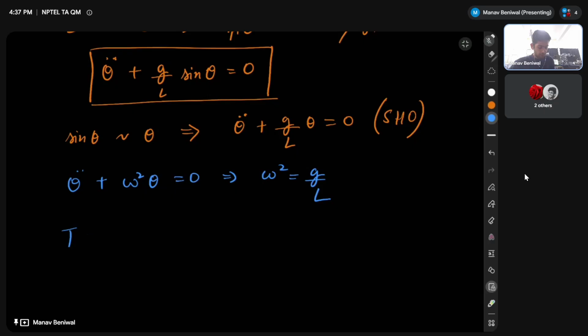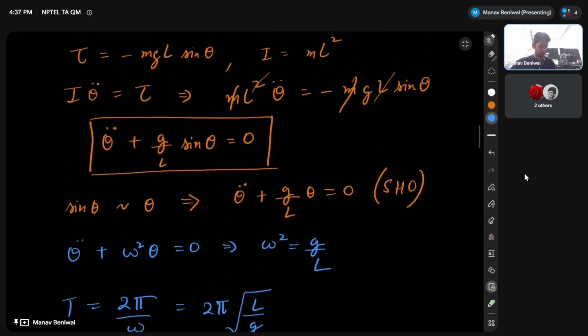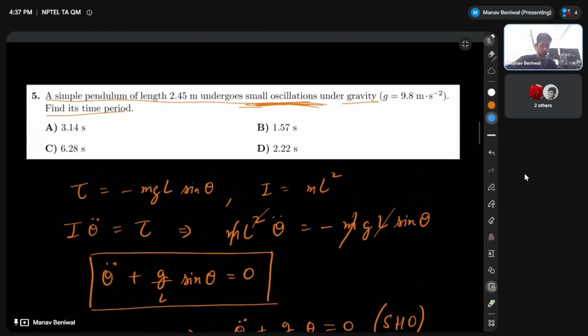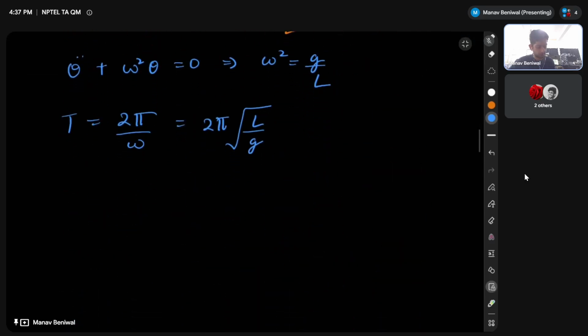So time period T is nothing but 2 pi over omega, and this becomes 2 pi under root l over g. Now length is given to be 2.45 meters and g is 9.8.